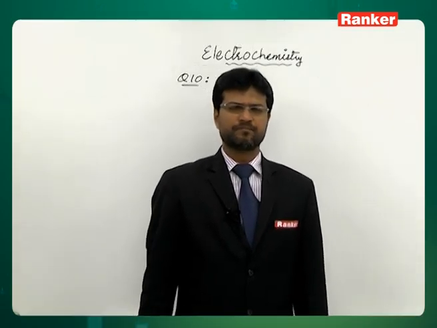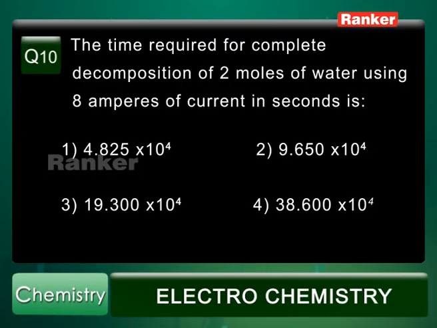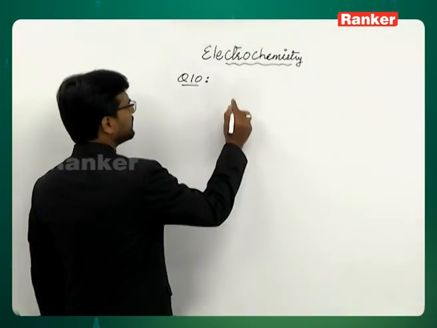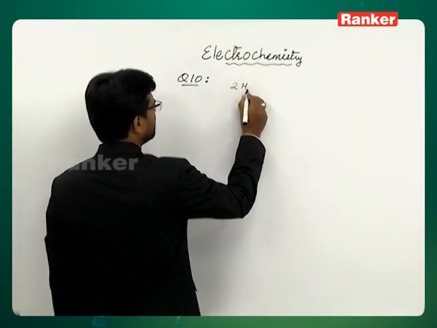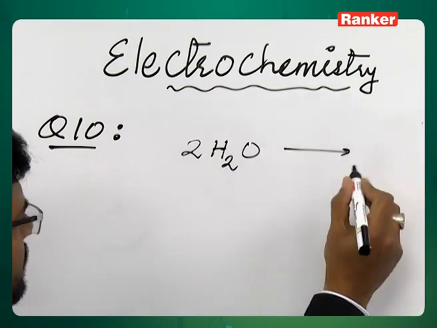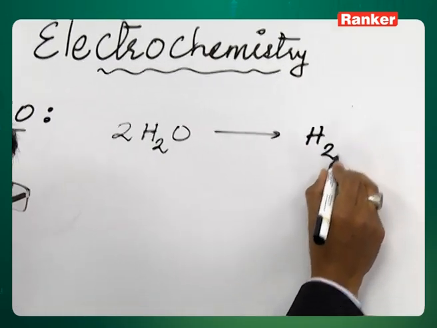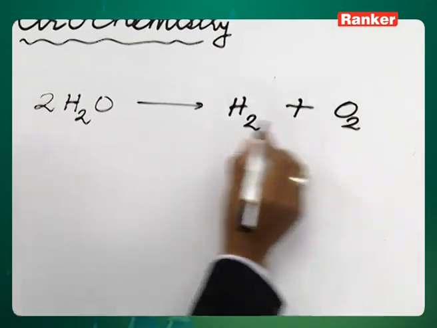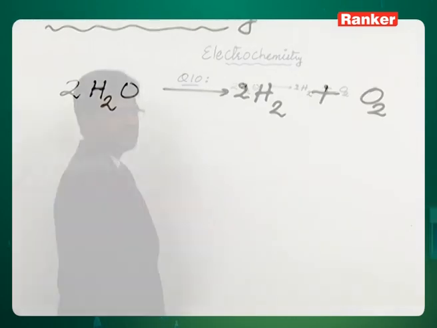Question number 10. The time required for complete decomposition of 2 moles of water using 8 amperes of current, in seconds, is? You want to change 2 moles of water into H2 and O2. You get 2 moles of H2.